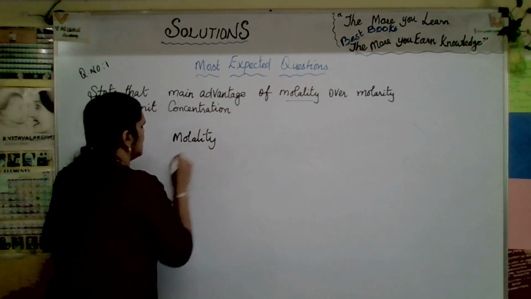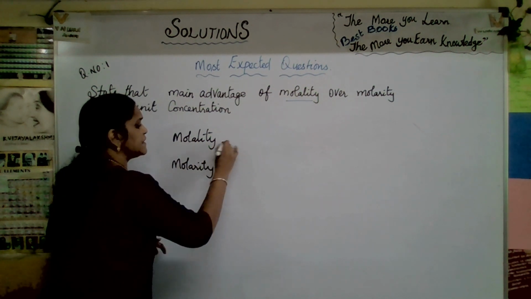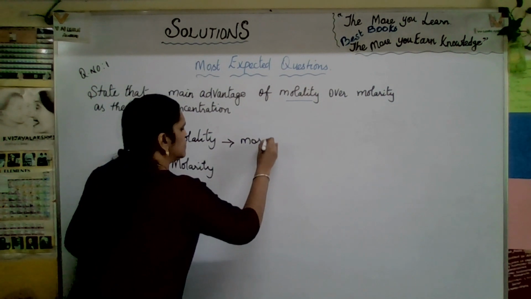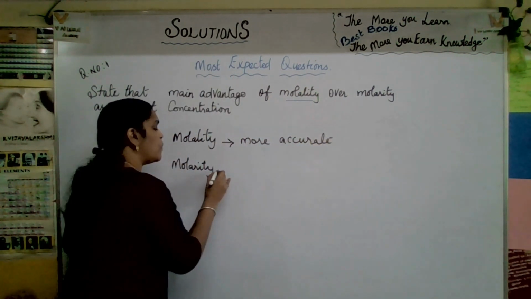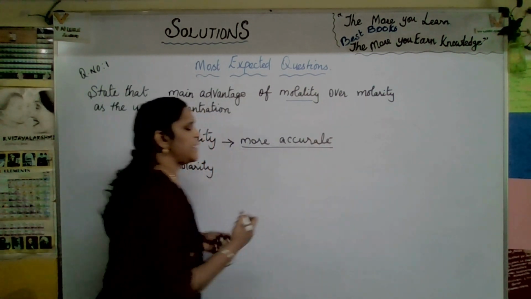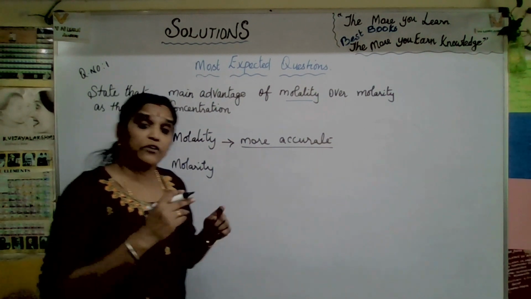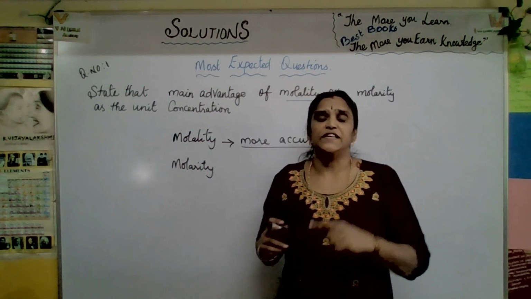Molality is more accurate than molarity. Why is molality more accurate? You know the meaning of molality: the number of moles of solute dissolved in 1 kg of the solvent.